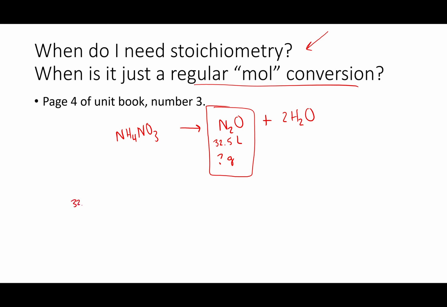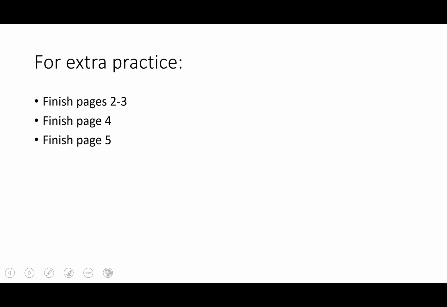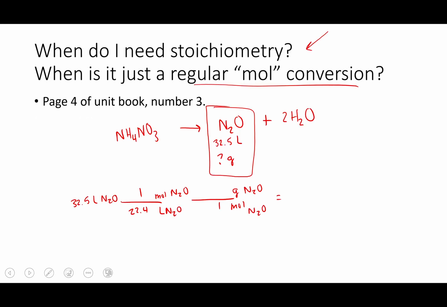So 32.5 liters of N2O, to moles of N2O, moles of N2O to grams of N2O. 1 mole is 22.4 liters, and 1 mole is going to be 44.02 grams.